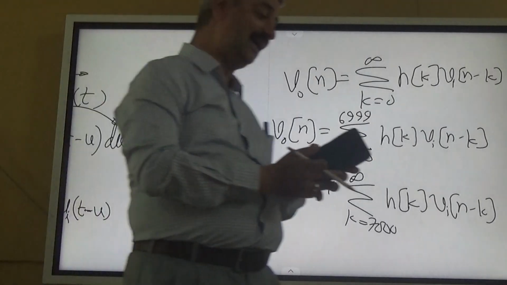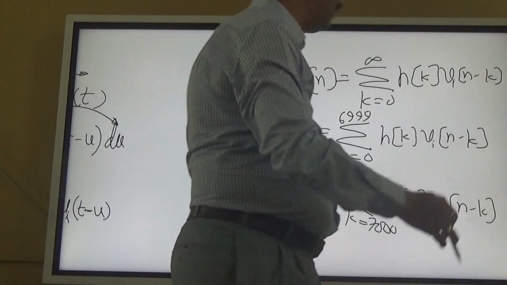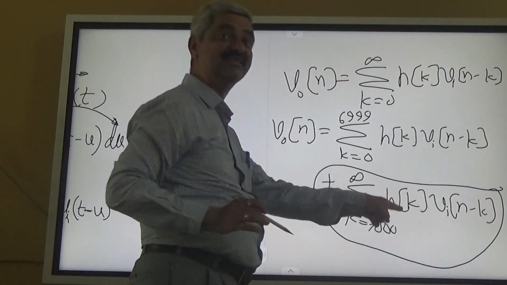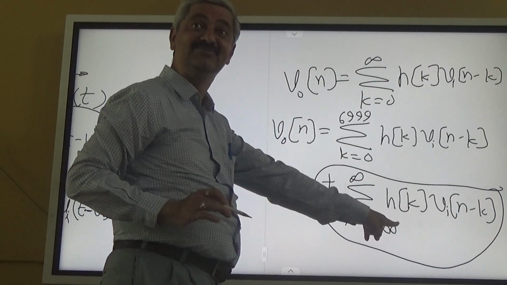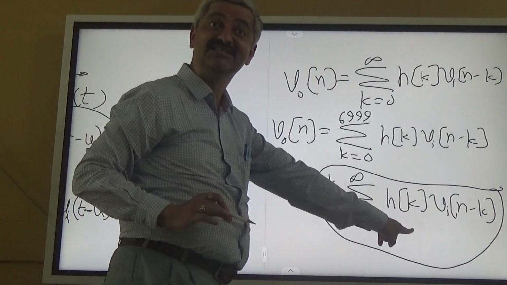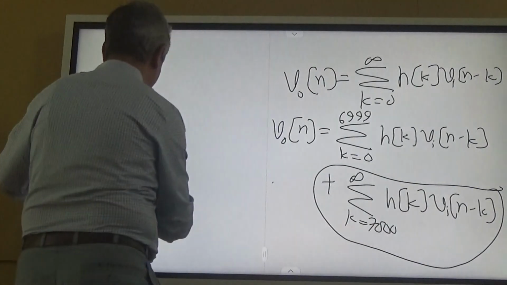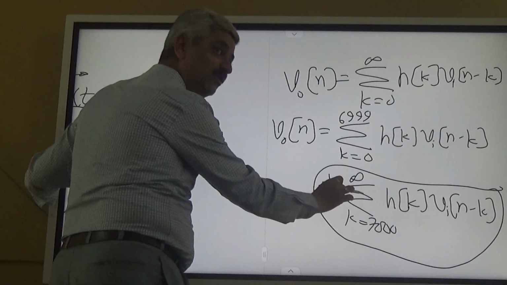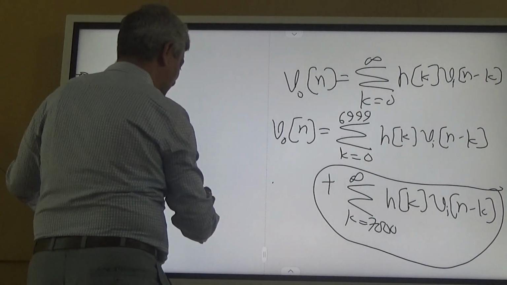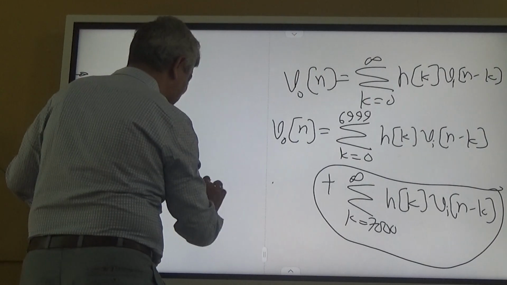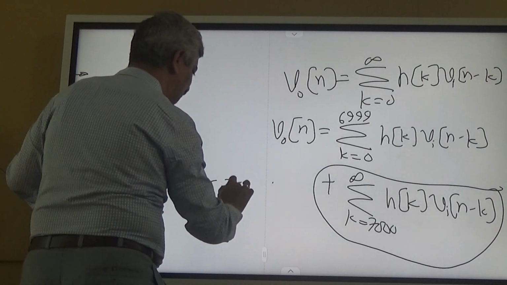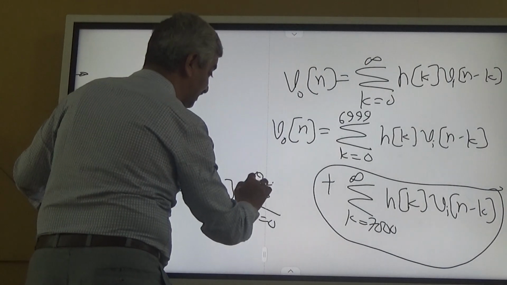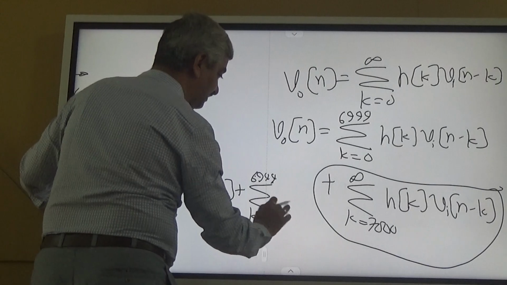This second part is your initial state. So I can write VON is equal to your initial state, which I can define as S0, plus the sum for k equal to 0 till 6999.